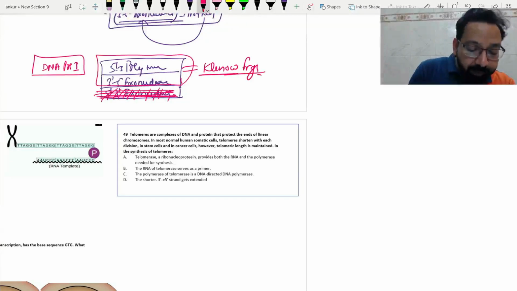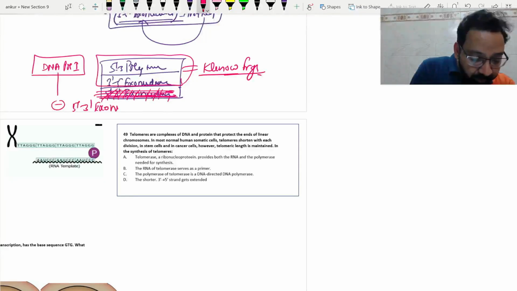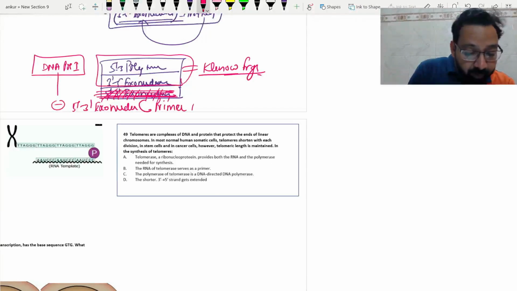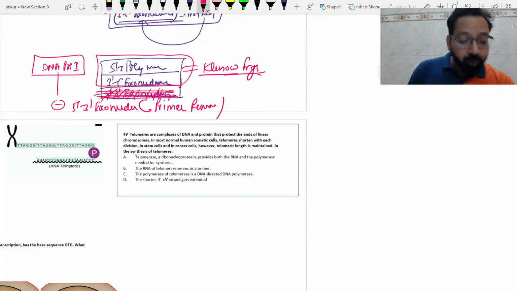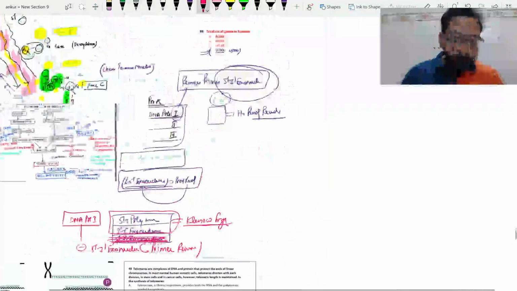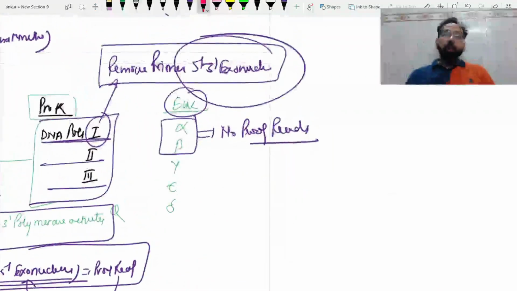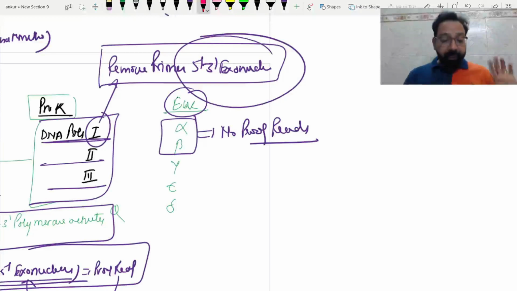So the Klenow fragment is DNA polymerase 1 minus 5 to 3 exonuclease activity. The 5 to 3 exonuclease activity is also called the primer removal activity of DNA polymerase 1. Got the point? I just told you all polymerases have proofreading except alpha and beta polymerase.